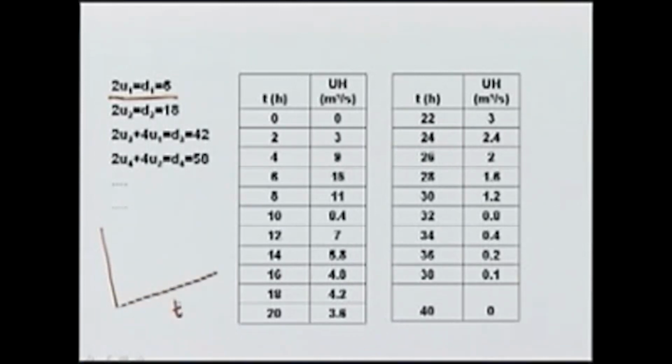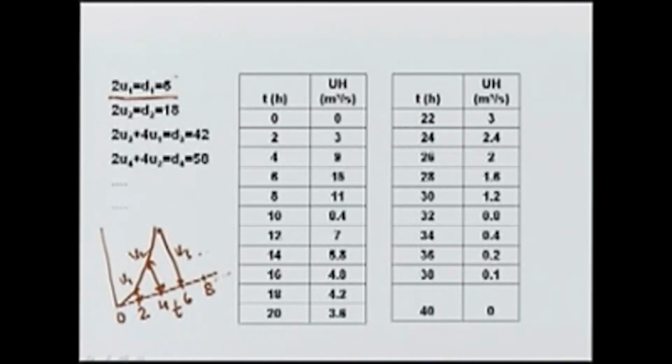So, T 0, then 2, 4, 6, 8 like this, and suppose the 4 hour UH ordinates are U1, U2, U3 like this.